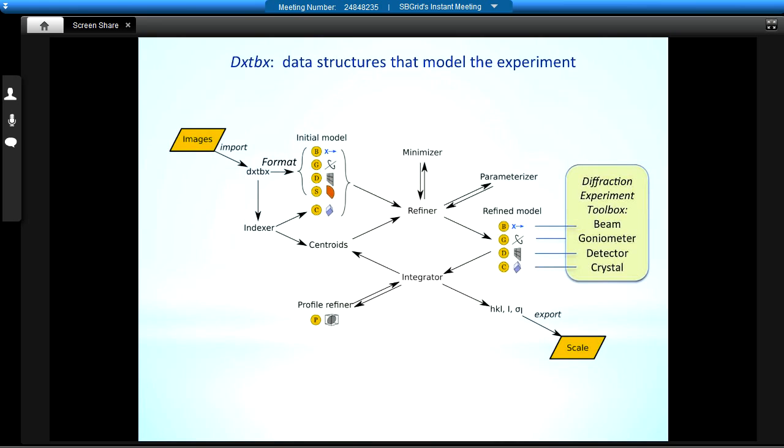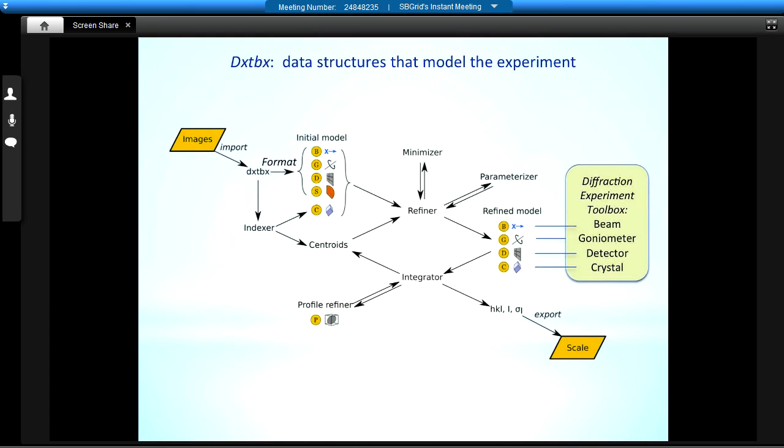So say I have a beamline that's special because I have a reverse phi rotation or the detector is upside down. The way we've written this is that DXTBX has a class called the format class, which understands information that's in the header in the images and creates a representation of the experiment in terms of beam, goniometer, detector, and crystal.